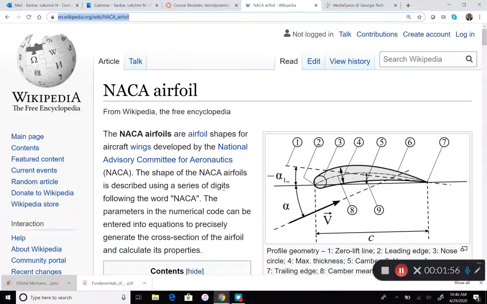At the time, it was the Langley Lab. They had a lot of wind tunnels where they would test airfoils, and then they would also make data available. How does the lift, drag, and pitching moment vary with angle of attack? So this was done by NACA, and they had to have a way of naming the airfoils and evolving it as advanced airfoils became available.